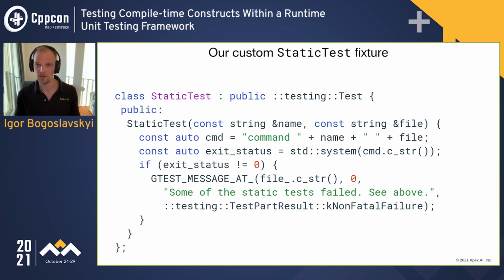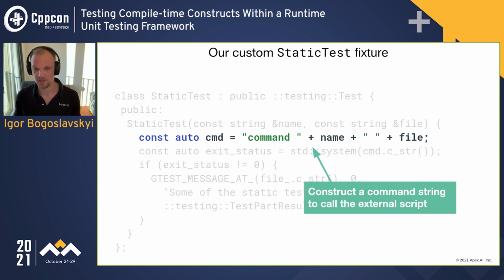Now let's look at the static test custom fixture. Again, this is nearly all the code that you need for this. It's a little bit stripped down because of the slides, and some details are left out, but overall this is what actually does the work. We have a class, which is just a Google test fixture, and it accepts a name and a file name.